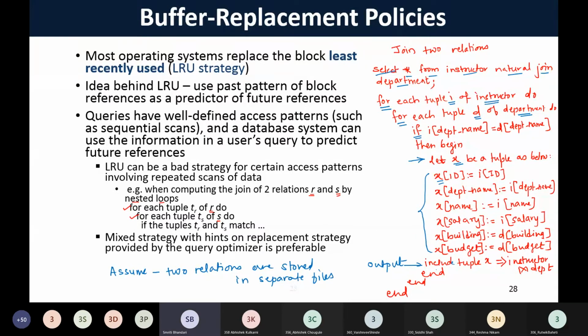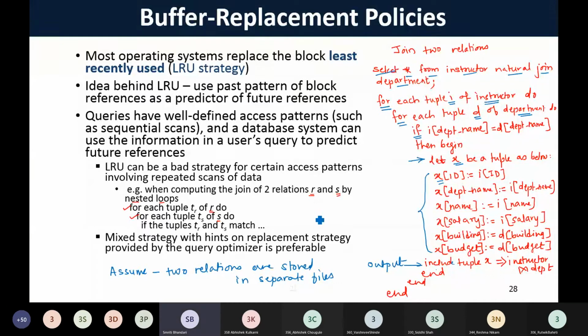I repeat, what happens here? Once a tuple from instructor relation is used or processed, that tuple is not at all needed again.